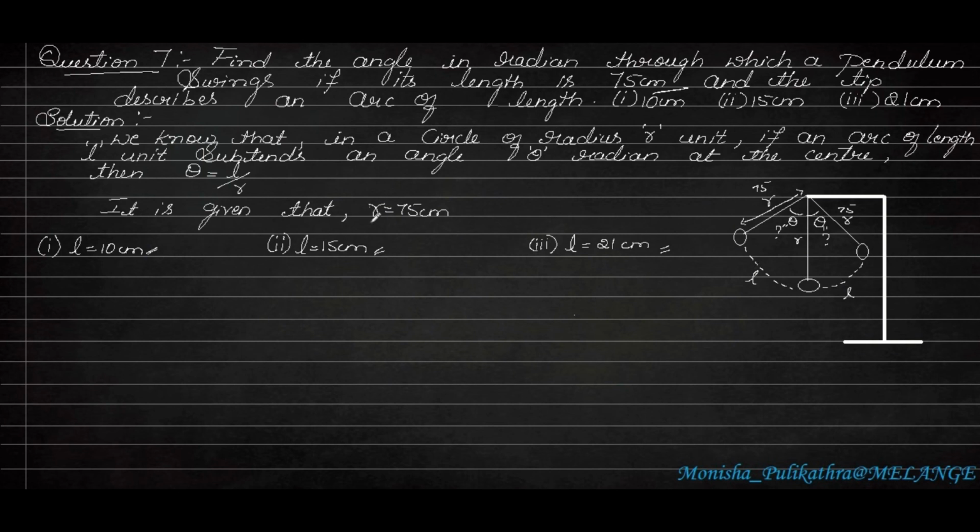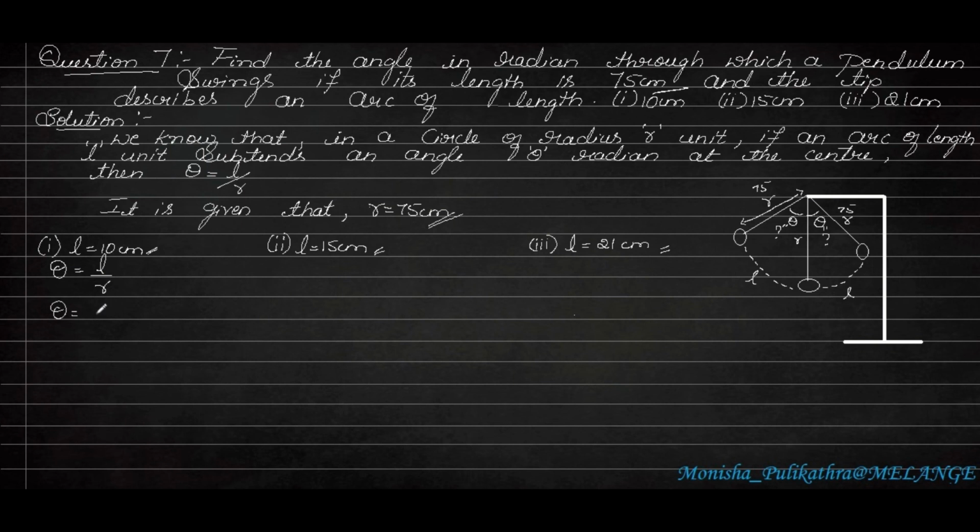So they have given 3 arc lengths. One, it is 10 centimeter, the arc length is 10, and again it will be 15, and again it will be 21, the arc length. So for this arc length, since the radius is also given here, we need to find out the theta in each case. That is the angle made by this pendulum in each case. So we know that the formula for it is theta is equal to L by R. In the first case, theta is equal to L by R. So theta we need to find out.